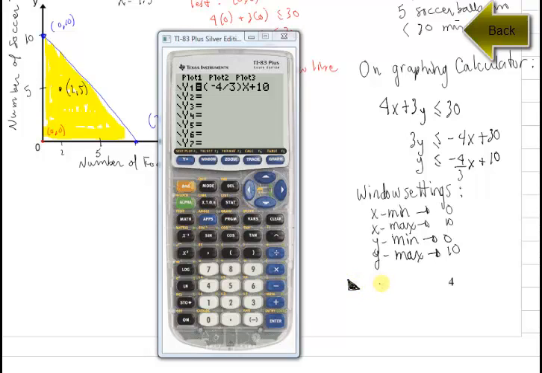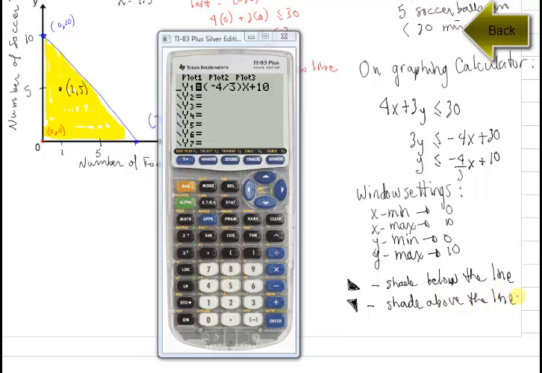This means that when your calculator shades, it will shade below the line. And if it looks like this, it will shade above the line.